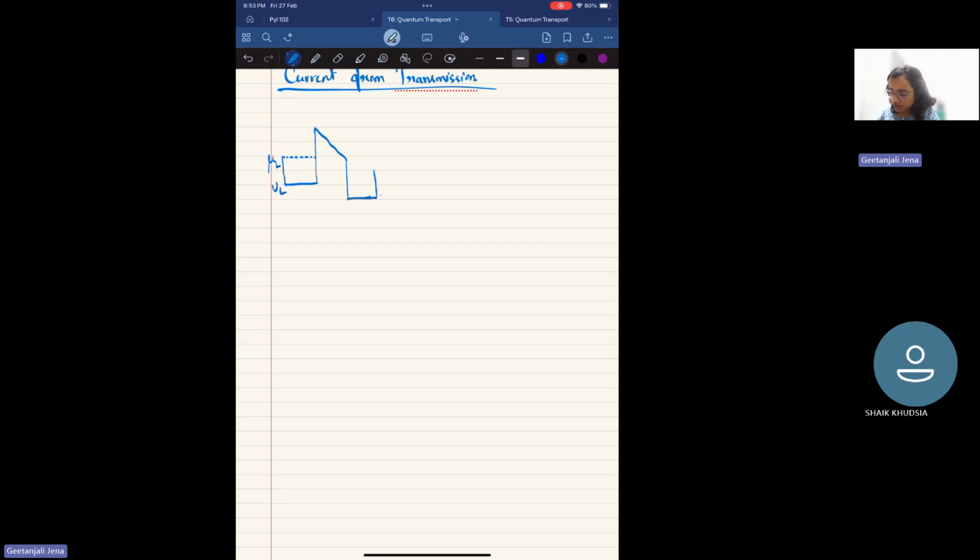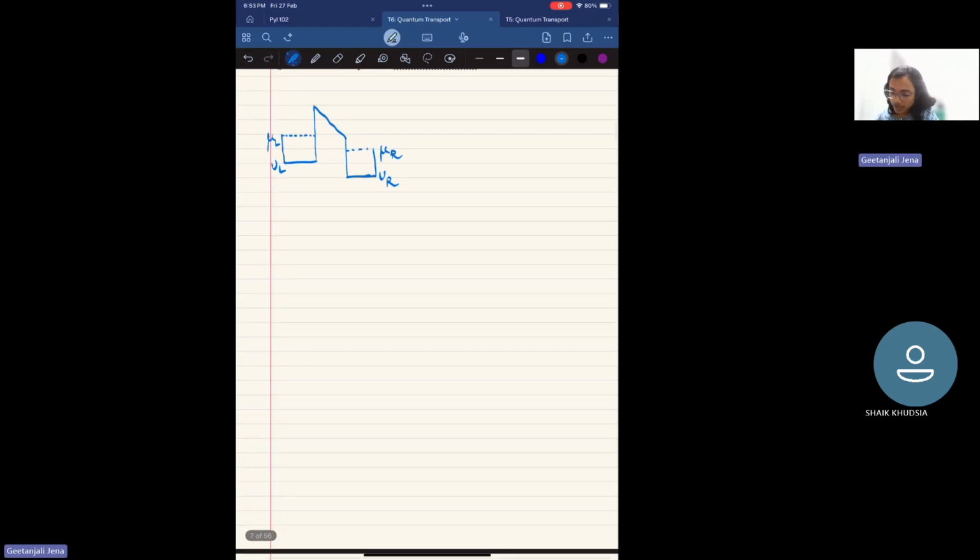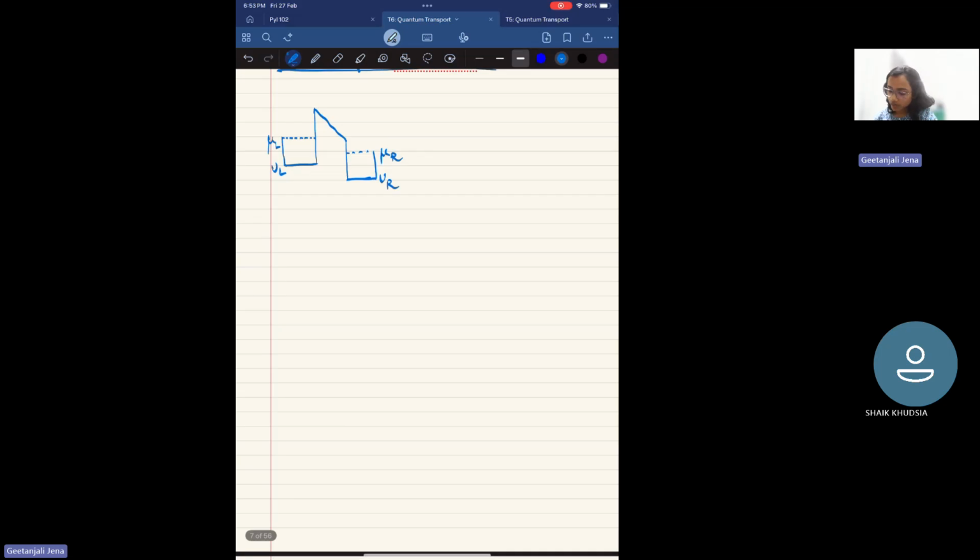For the drain region, this is the electrostatic potential of the drain side. So if you want to calculate the current IL, where the transport is happening from the left electrode to the right electrode, that is from source to drain.